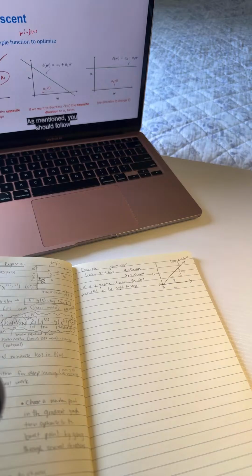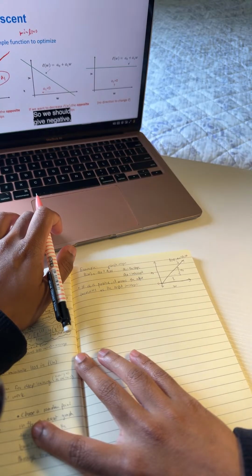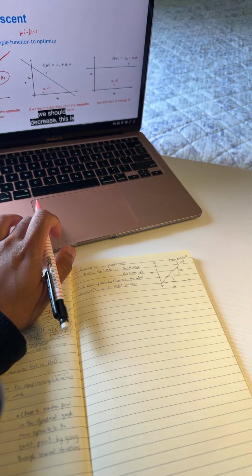As mentioned, you should follow the negative gradient direction. Based on the shape of this line, we know a1 here is positive, so you need to follow the negative gradient direction. If we want to change the w in order to minimize this loss function, we should decrease this weight value.